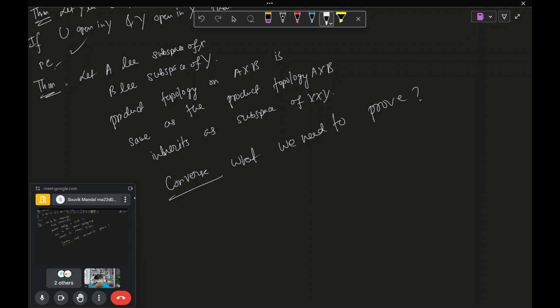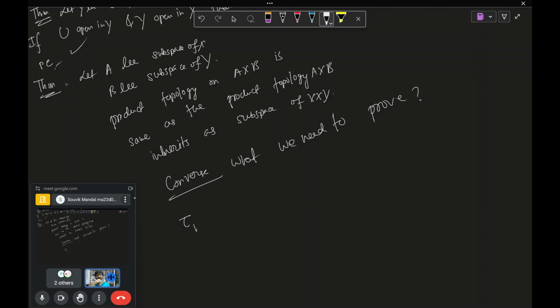We have to prove it in two parts. First of all, whatever open set you take in A cross B, we need to show that open set W is equal to nothing but U.